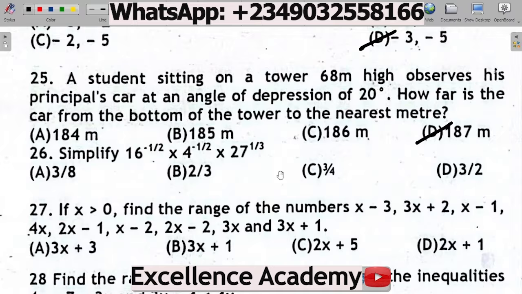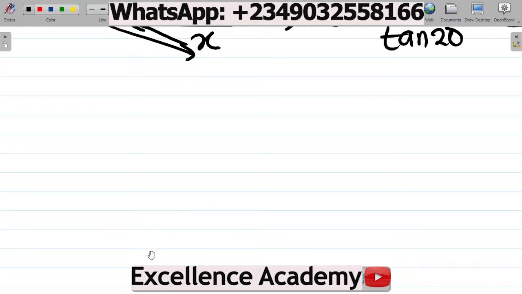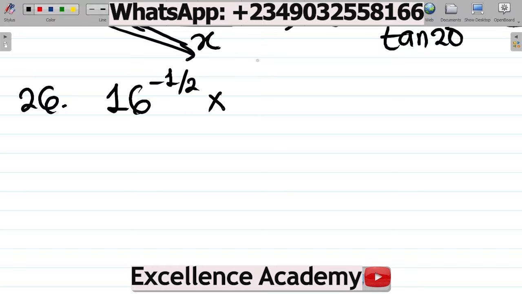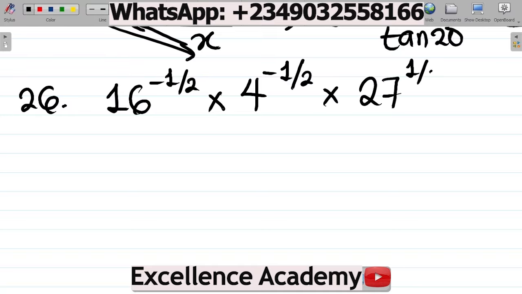So how do we solve this particular question? For question number 26, we are given 16 to the power minus 1 over 2 multiplying 4 to the power minus 1 over 2 multiplying 27 to the power 1 over 3.